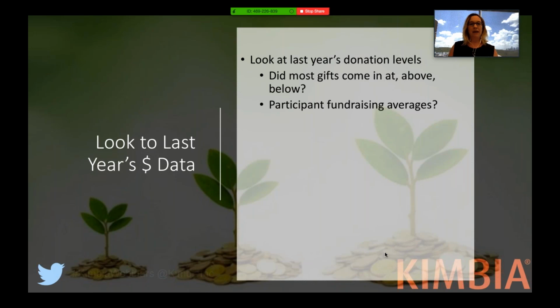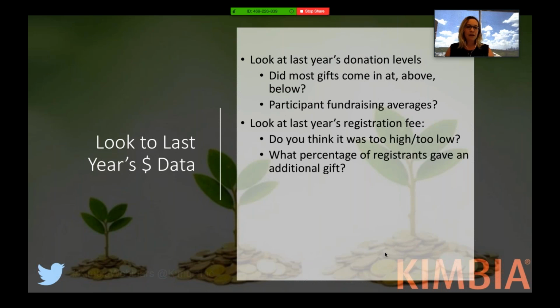Did most gifts come in at around the same donation levels you were asking for, above or below? If you had participants who were fundraising for your event, what was the average amount that someone raised? If you have a registration fee for your event, again, you want to look at whether you think that was too high, too low, or maybe just spot on.